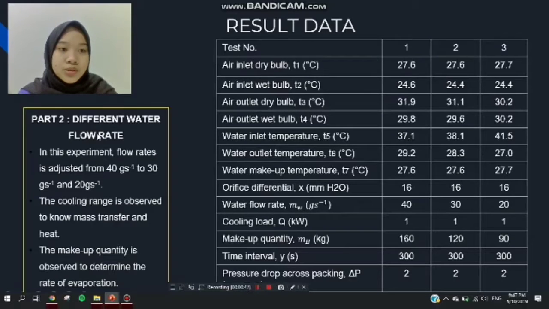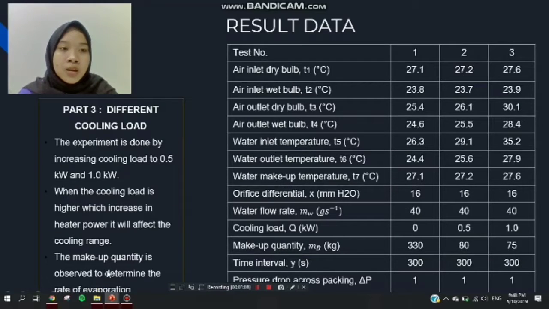For part 2, which is different water flow rate, we manipulate the flow rate and observe the cooling range to know the mass transfer and heat, which is from temperature T5 to T6. We also want to observe the makeup quantity and the rate of evaporation. Part 3 is the difference of cooling load.